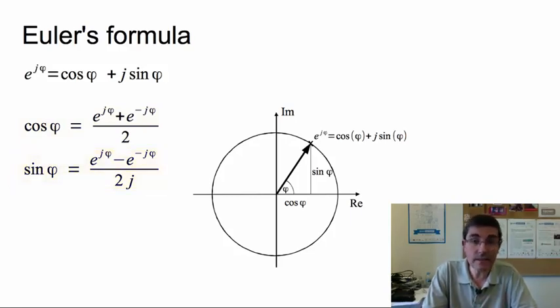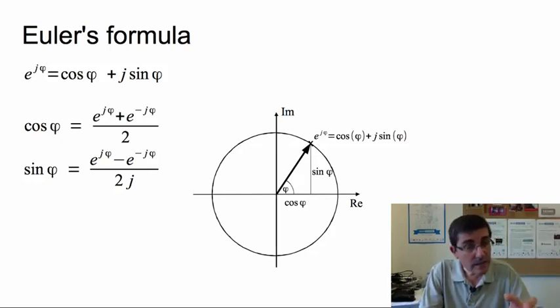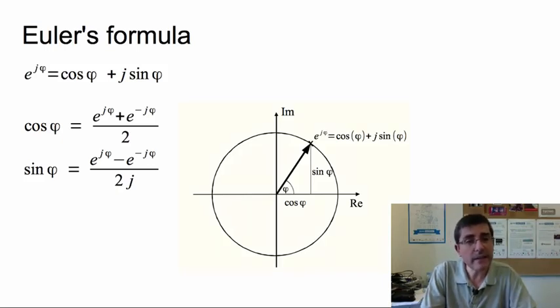It's a nice looking formula. In fact, the physicist Richard Feynman called this equation the most remarkable formula in mathematics. If we show this in the complex plane, in this diagram that we show here, we can see these components that we mentioned.